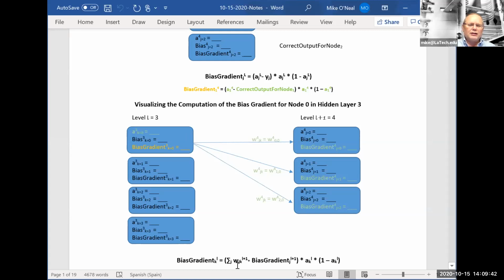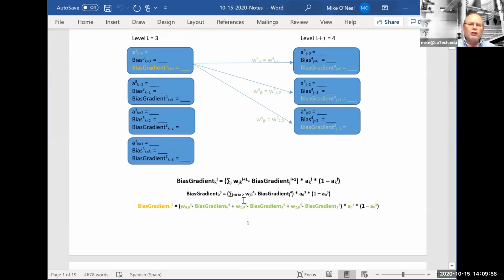If you look at it and think about it, the j's would go like 0, 1, 2. We're changing the row number here. It's the row numbers that are changing.